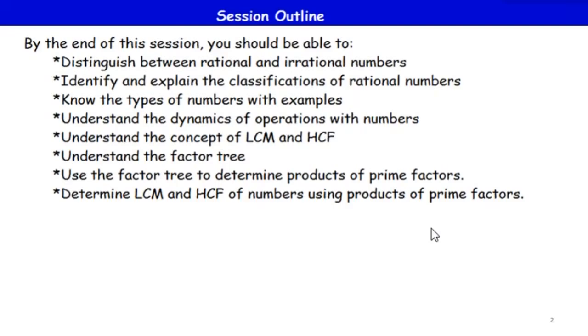So this is basically what we seek to achieve by the end of this lesson.